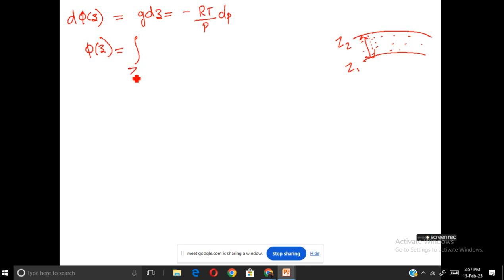and phi of Z is equal to integral. Suppose instead of from sea level, we are considering from a height Z1, the parcel is raised from a height Z1 to a height Z2.